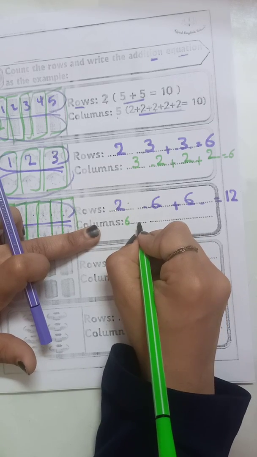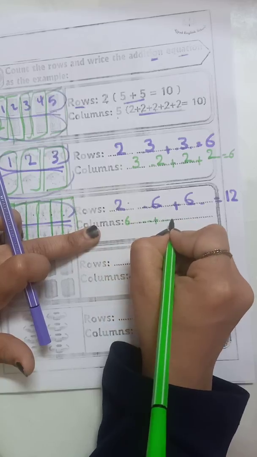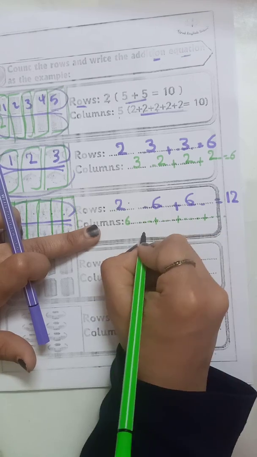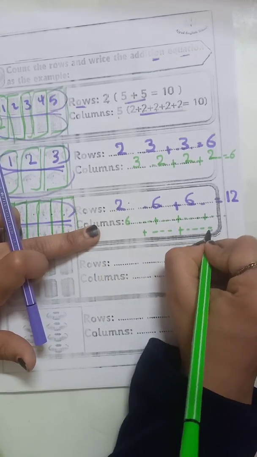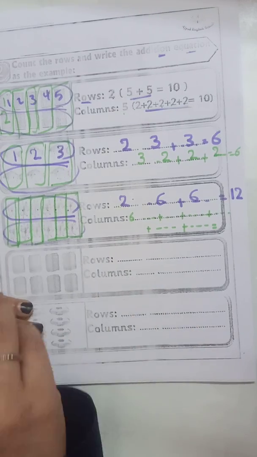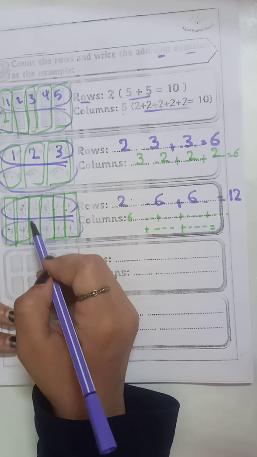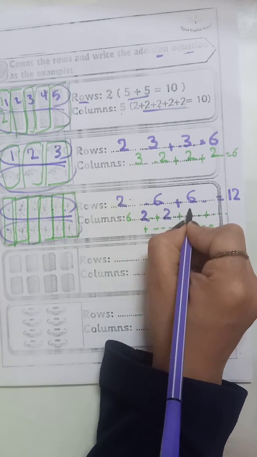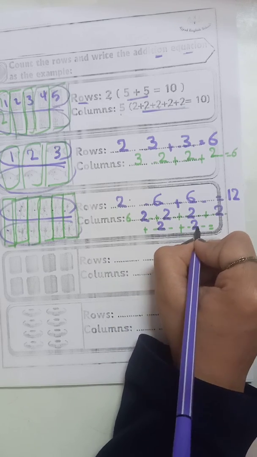Okay, and how many dots here? 1, 2, 3, 4, 5, 6. Okay, how many elements in any column? 1, 2, 1, 2, 1, 2, repeated. Okay, 2 plus 2 plus 2 plus 2 plus 2 plus 2.